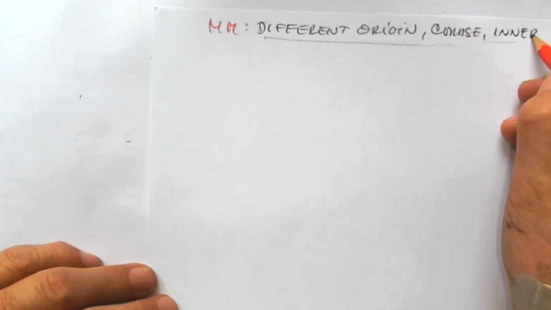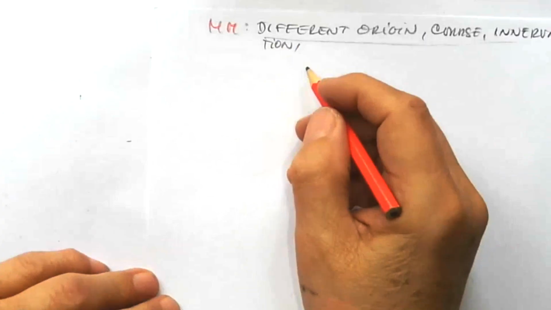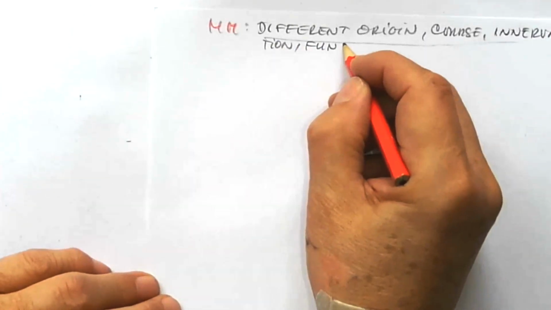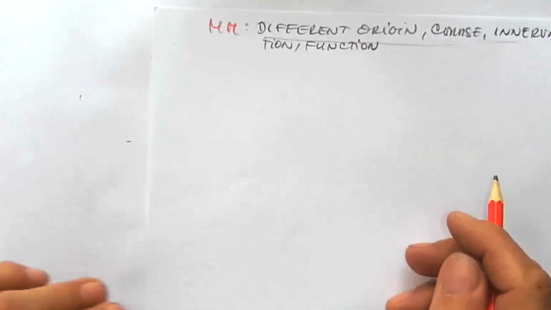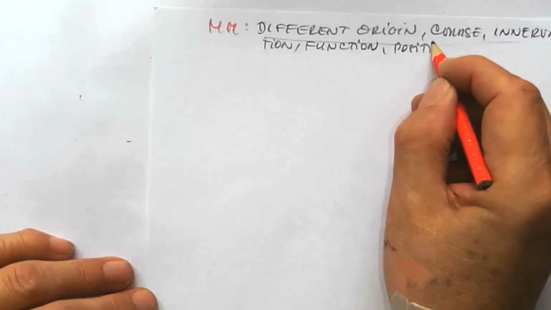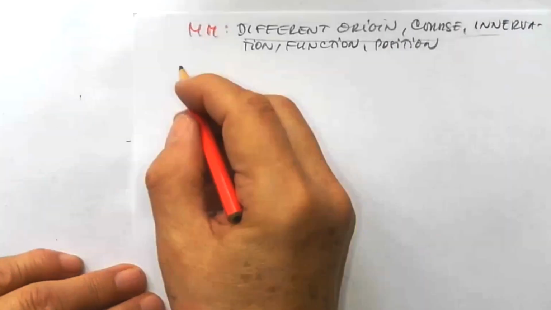So that means the innervation is also different in each group. Then function also different, action, function or action, as you wish. Fine. And we are looking at position also, because this is the simplest classification.